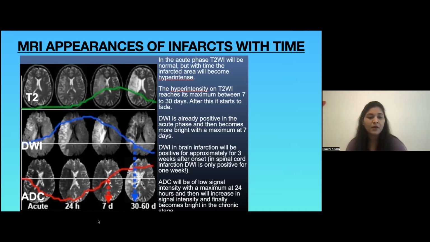But with time, the signal intensity of the infarct increases on T2 weighted images, whereas on DWI, the acute stage of the infarct appears bright, and the brightness comes to a peak at around the 7th day, and then the signal intensity starts dropping down. Whereas in ADC maps, the signal intensity initially is less, that is, it is hypointense in acute stages, and with time, the signal intensity increases and the chronic infarcts appear bright on ADC sequences.